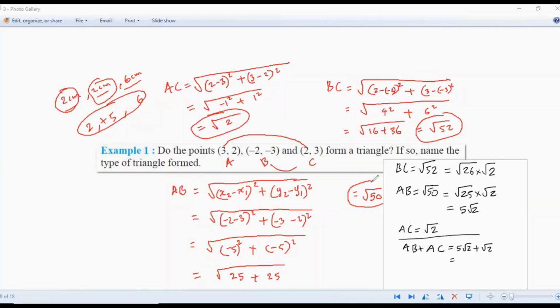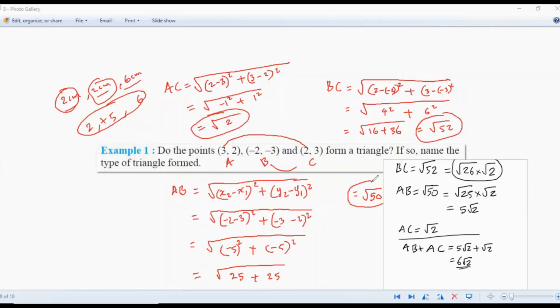So that is equal to 5 times root 2 plus 1 root 2 will become 6 root 2, right? So you compare, is 6 root 2 greater than root 26 root 2 or not? True or false? 6 root 2 is the larger, right?